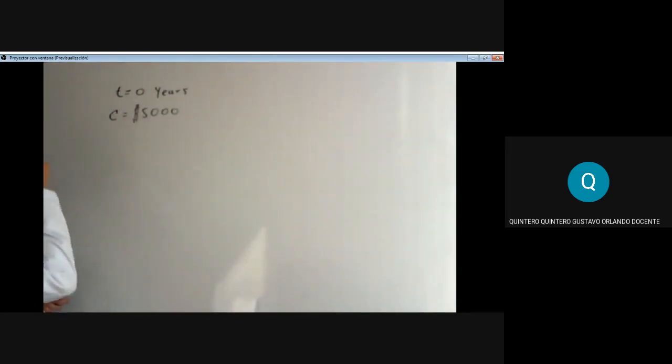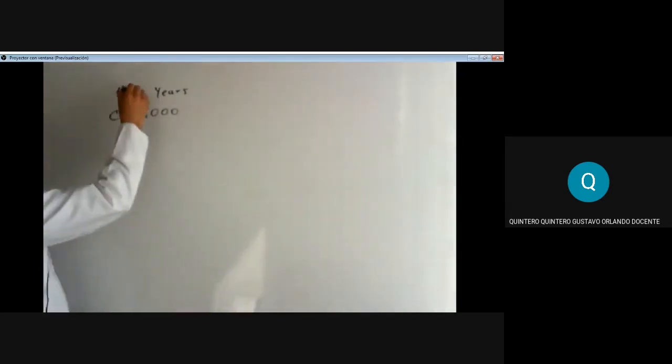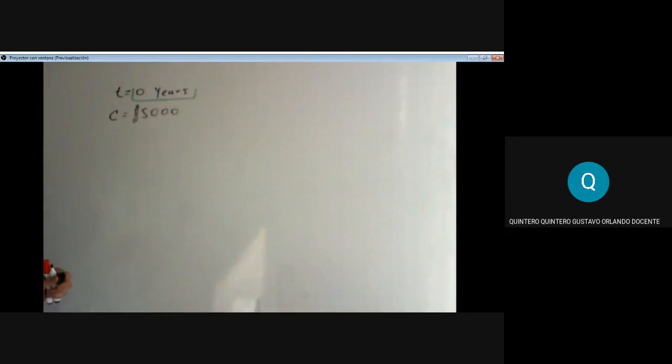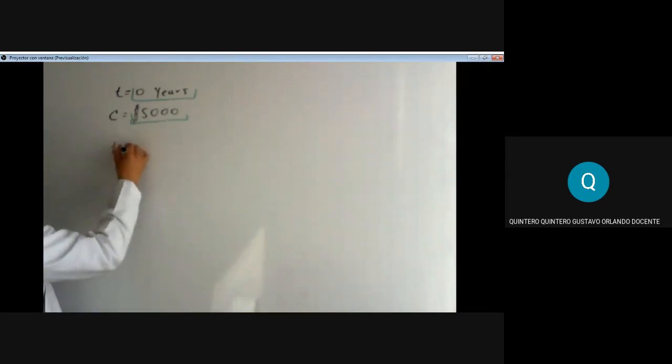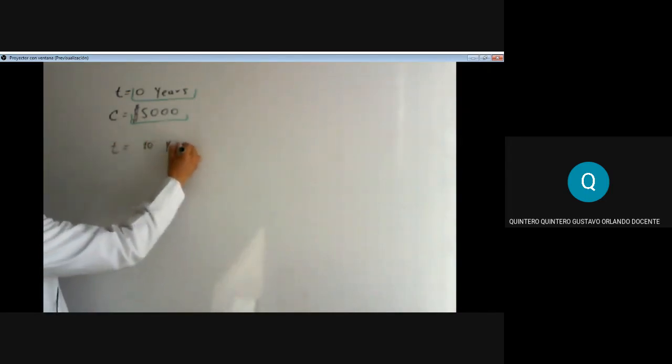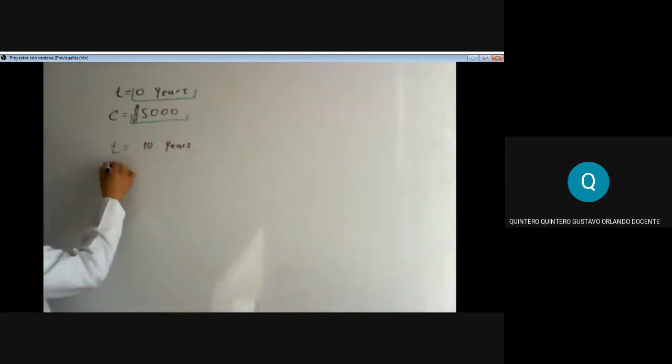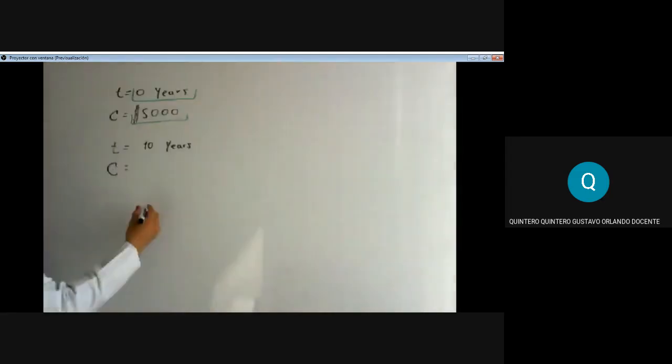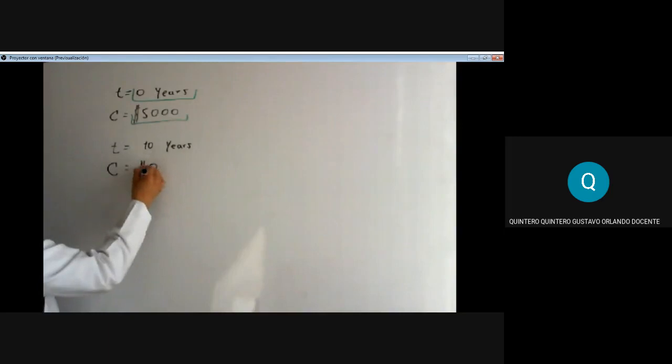All right, so we know this again at the beginning. When there are 0 years, that means the moment we buy the machine, it costs $5,000. Then by the time 10, that means 10 years, the cost of the machine will be $0 because it depreciates, right?